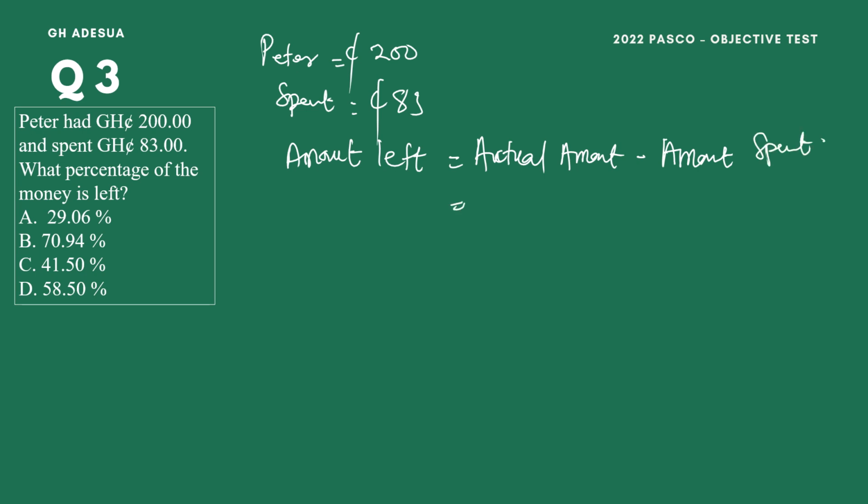So in the amount left, we're going to have the actual amount for Peter, which was 200 minus the amount that is spent on whatever he bought.